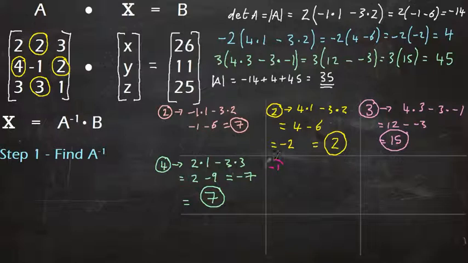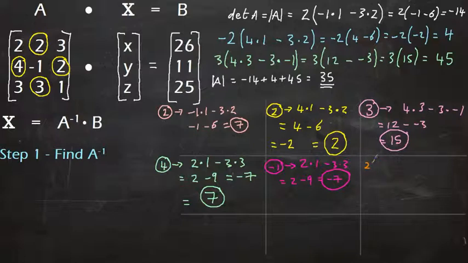Element minus 1, which is the second row, second column, is going to give us 2 lots of 1 take away 3 lots of 3, which is equal to 2 take away 9, which is equal to minus 7. And we don't need to change the sign of that one. It's only every other number.